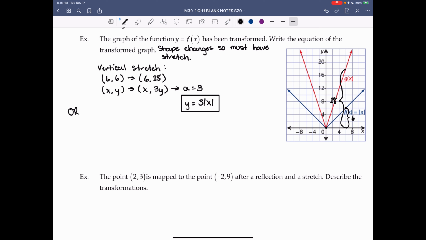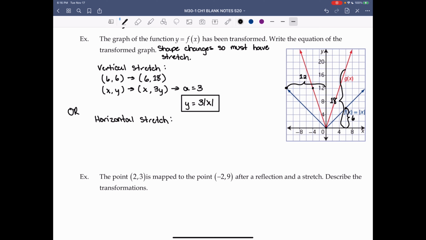Or we could write this as a horizontal stretch. Let's look at points on the graphs that have the same y value. I'm going to look at when y equals 12. I'm going to look on the left side. So in the original function, y equals f of x, the x value is negative 12, which is 12 units away from the y-axis.